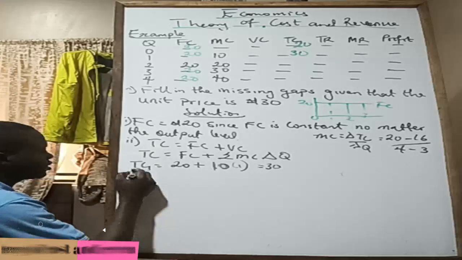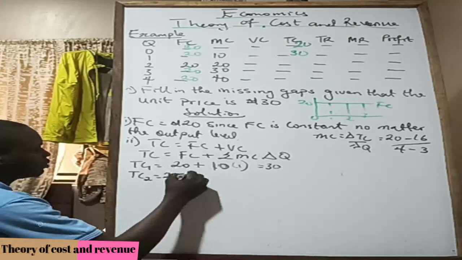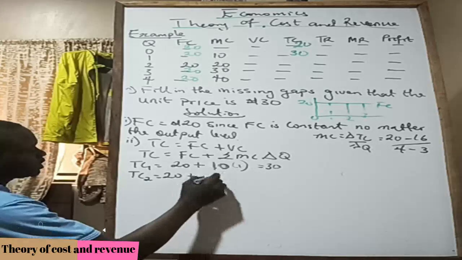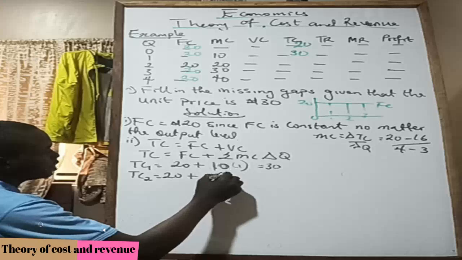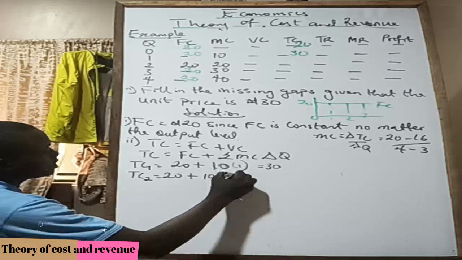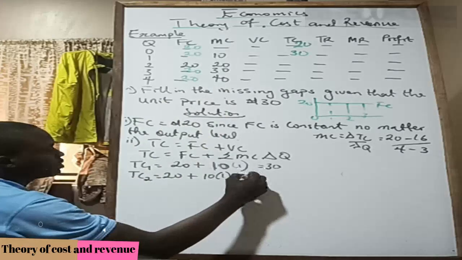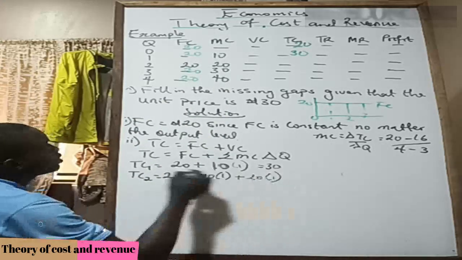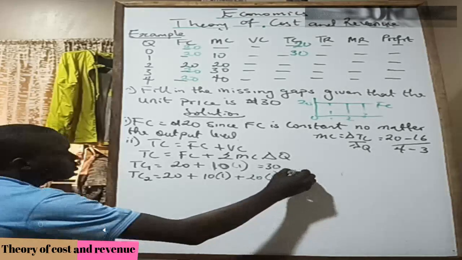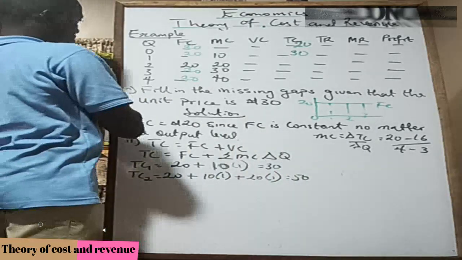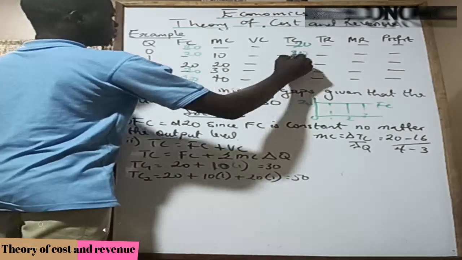TC2. So TC2 is now going to be equal to the first TC 20 plus 10 into brackets 1. Then plus there's another marginal cost which is 20, so 20 into bracket 1 as well. So 20 plus 10 plus 20, that's going to give us 50. So here the TC is 50.